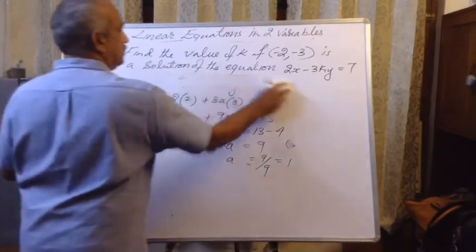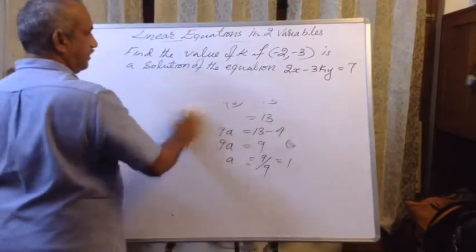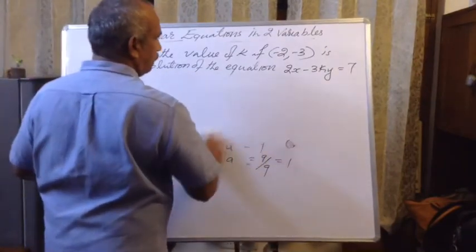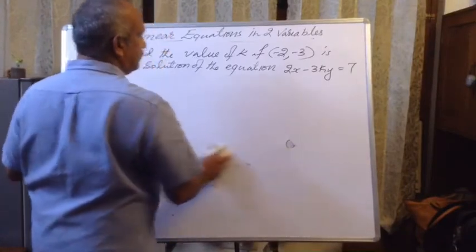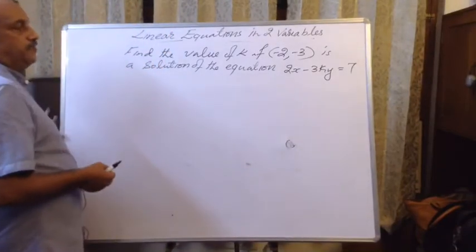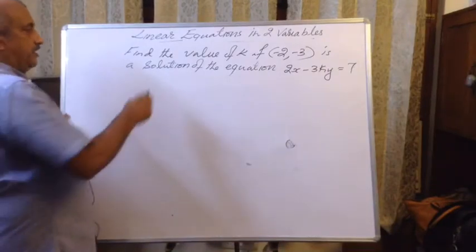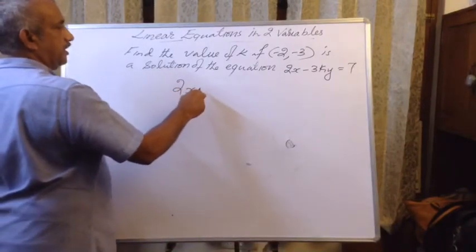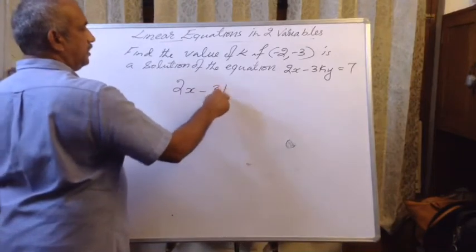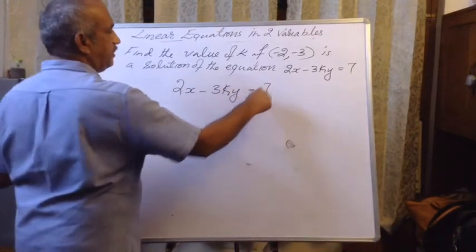Question is, see the question once again. Question is find the value of k if minus 2, minus 3 is a solution of the equation 2x minus 3ky is equal to 7. So I'll write 2x minus 3ky is equal to 7.